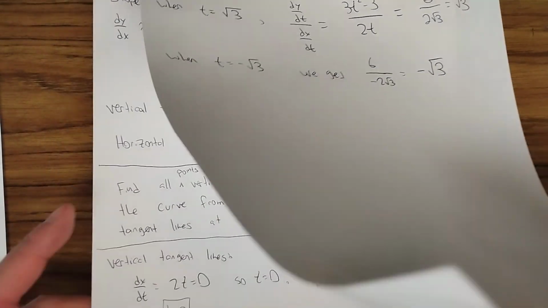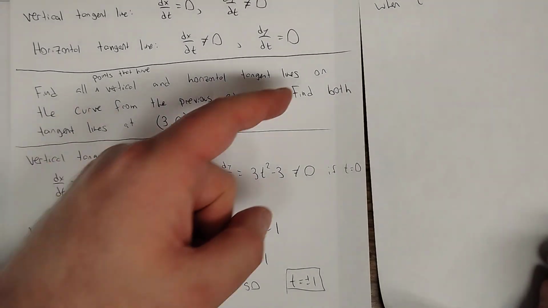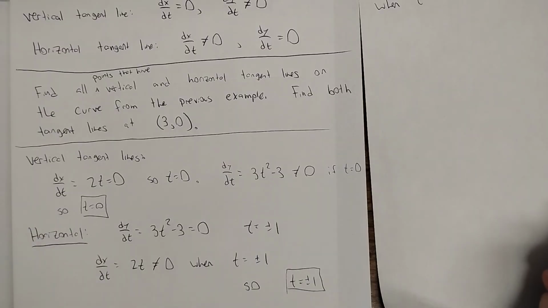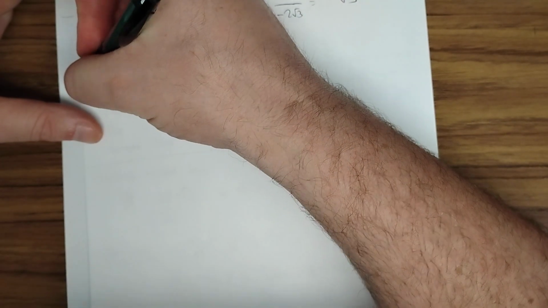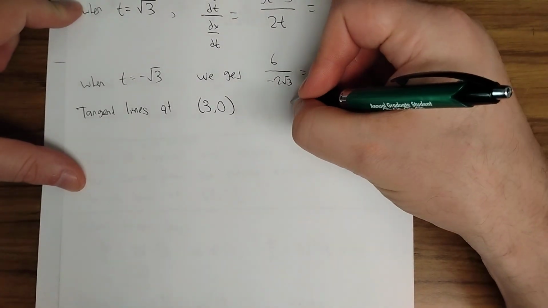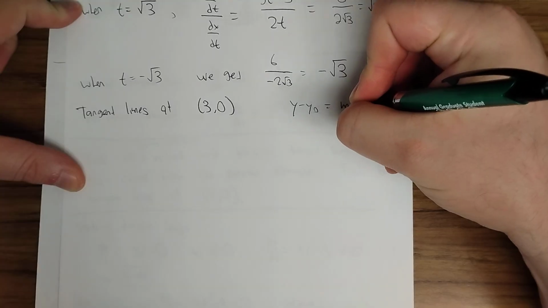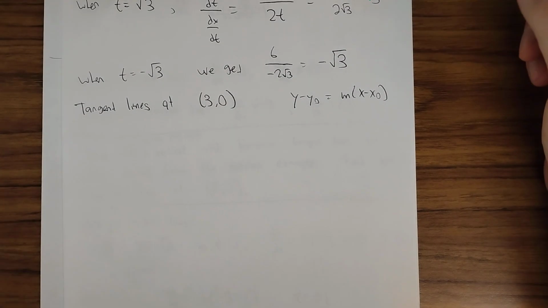And if I look at the instructions, it said find both tangent lines. So let's actually find equations for these tangent lines. And by the way, I'm just going to use point slope form.